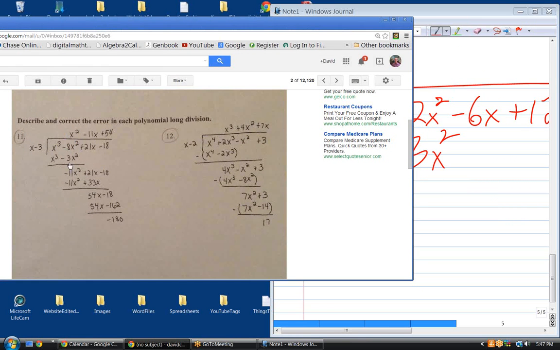Well, let's go through 11 and see if you can figure out where the error is. Oh, I can see it right now. They added -8 plus -3, and that's how they got 11. What should that be? That should be -5. Good. Okay, we're done with that.